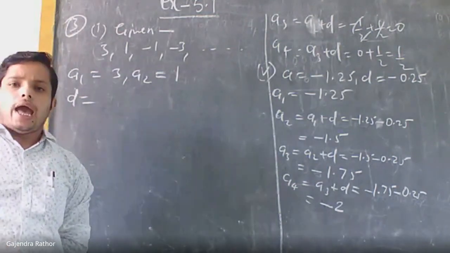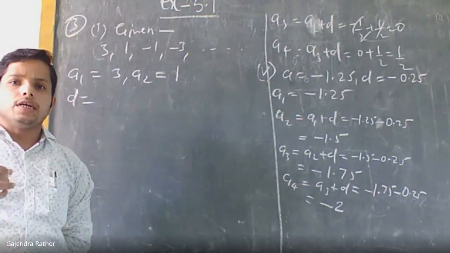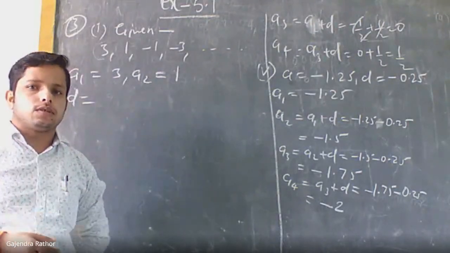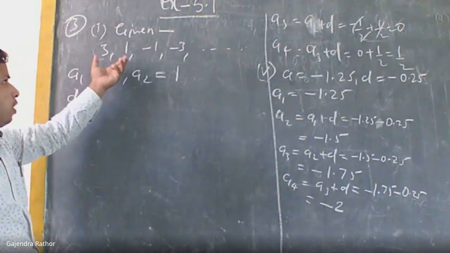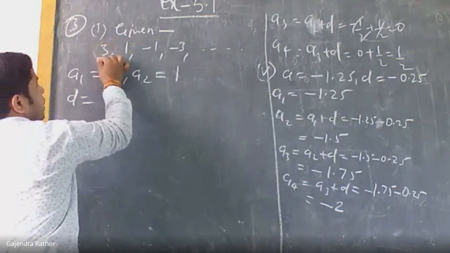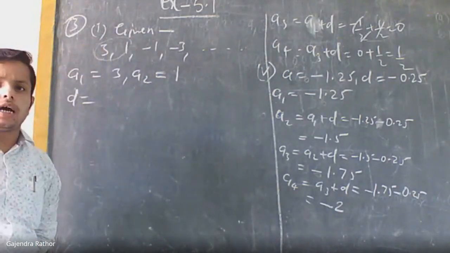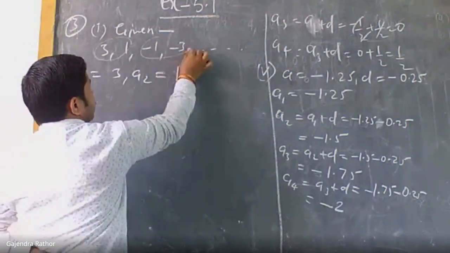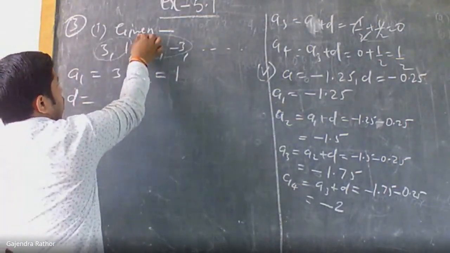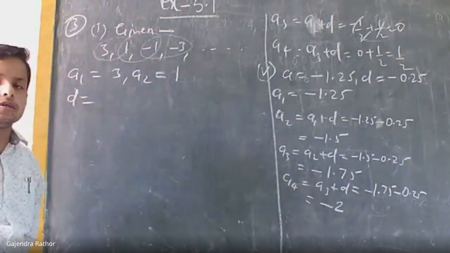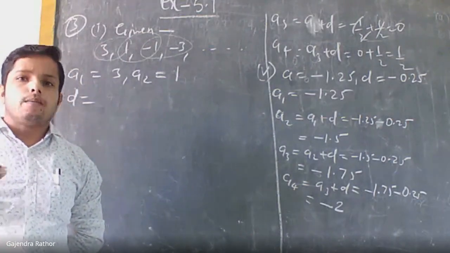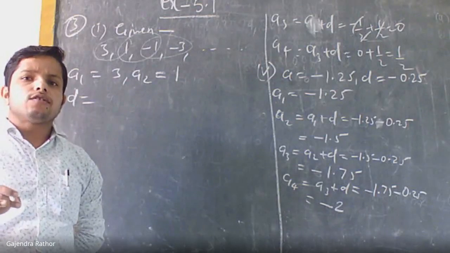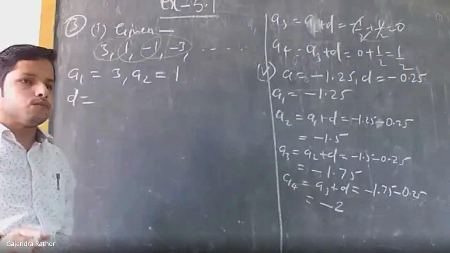Common difference, as is clear from its name, is the common difference of all consecutive terms. If we find the difference of these two terms, the difference will be the same as the difference of any other two consecutive terms. So to find the common difference, we only need to find the difference of any two consecutive terms.